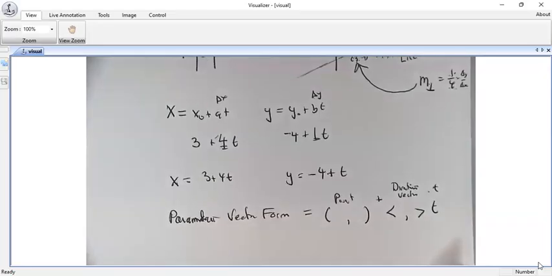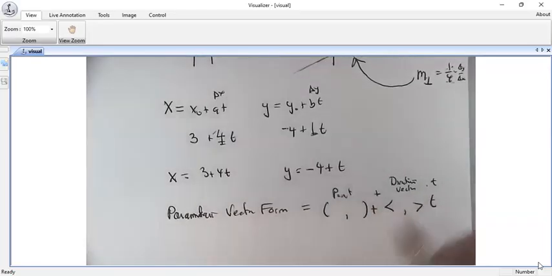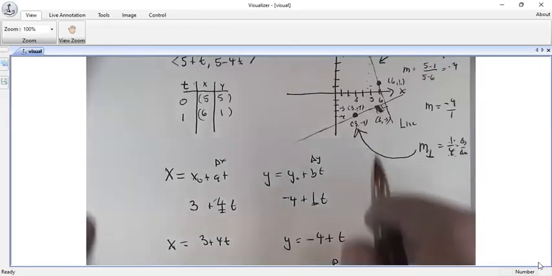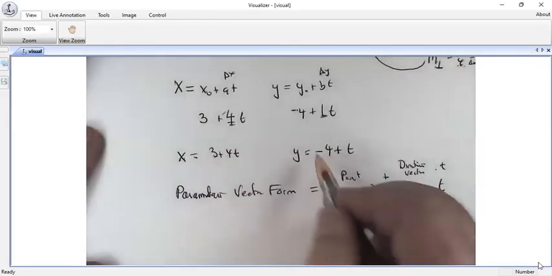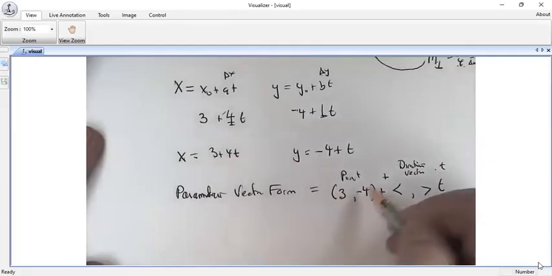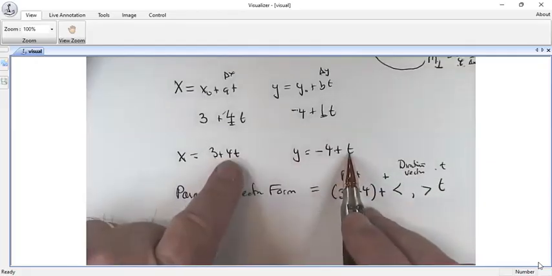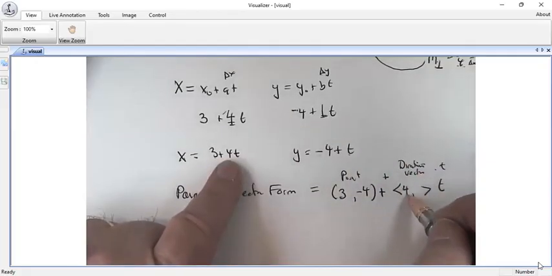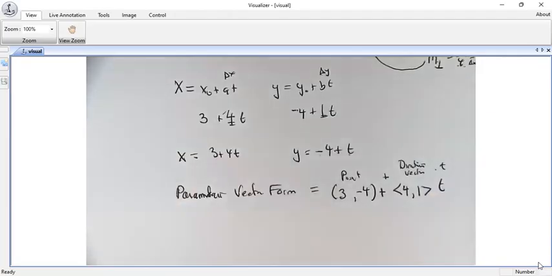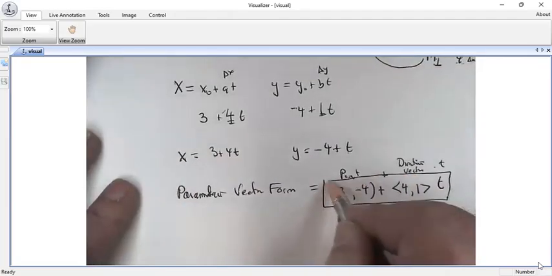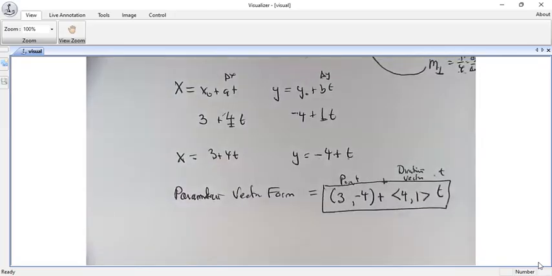That is your form. So what was the point we were going through? It was (3, -4), this part right here. Then the components in terms of t: the x component was 4, the y component was 1, and this is what you would type in on WebWork.